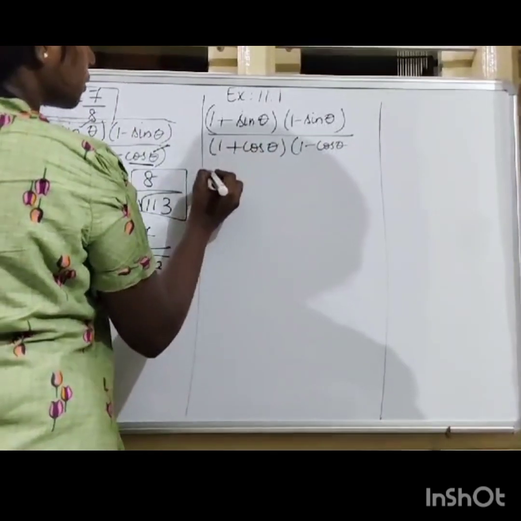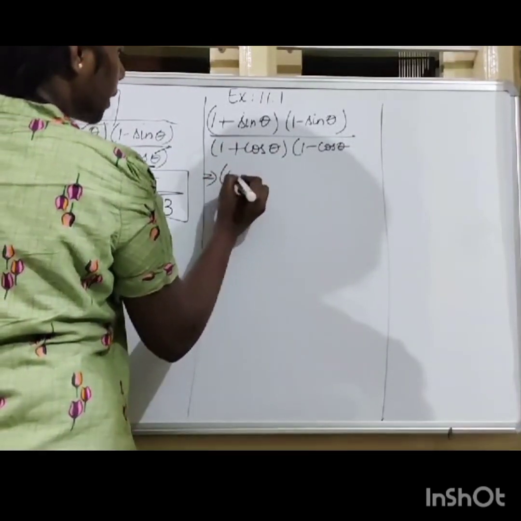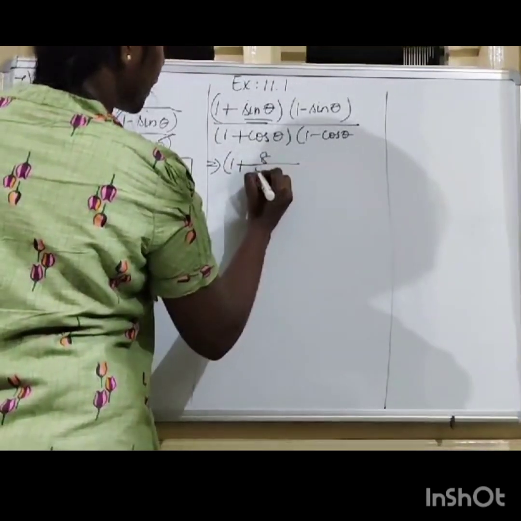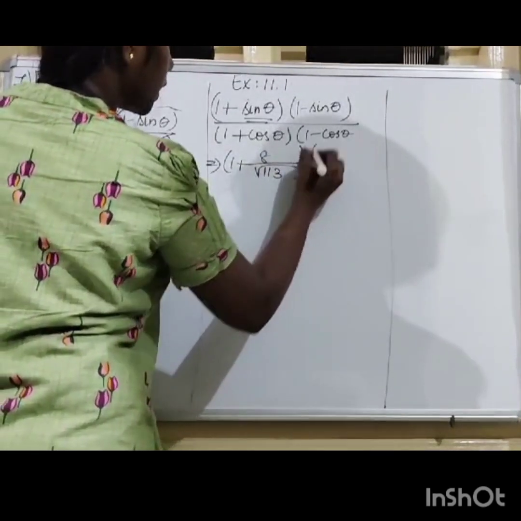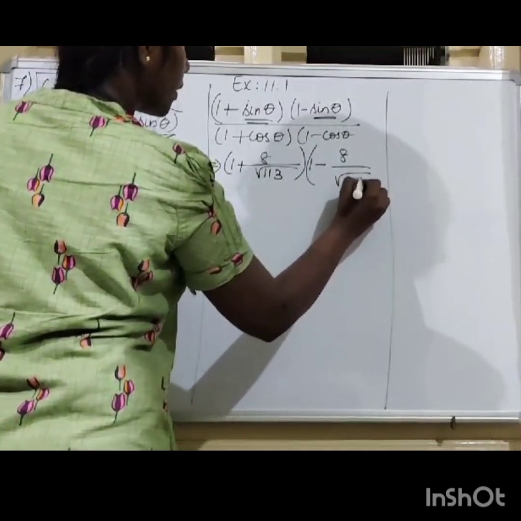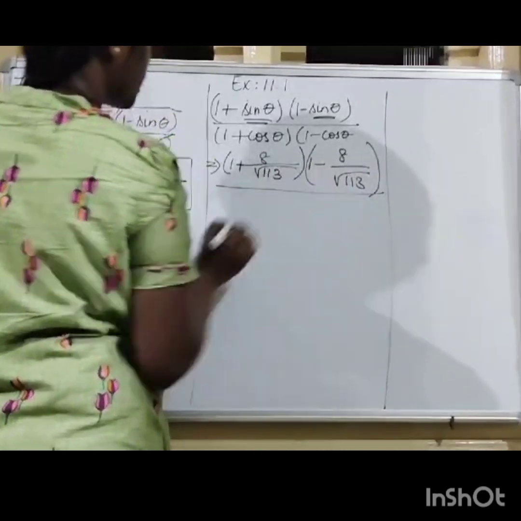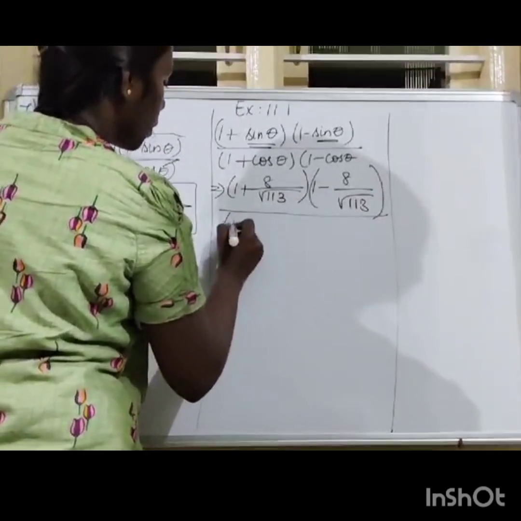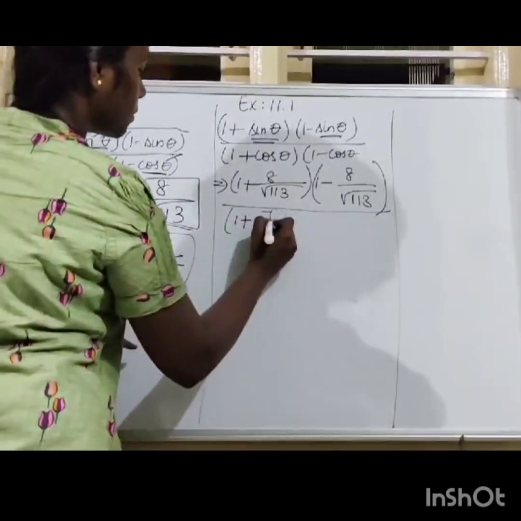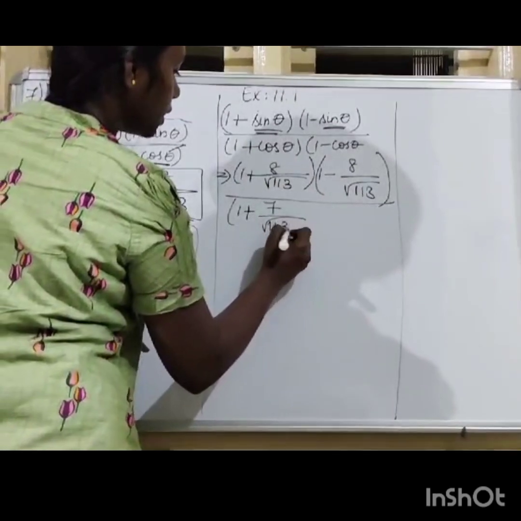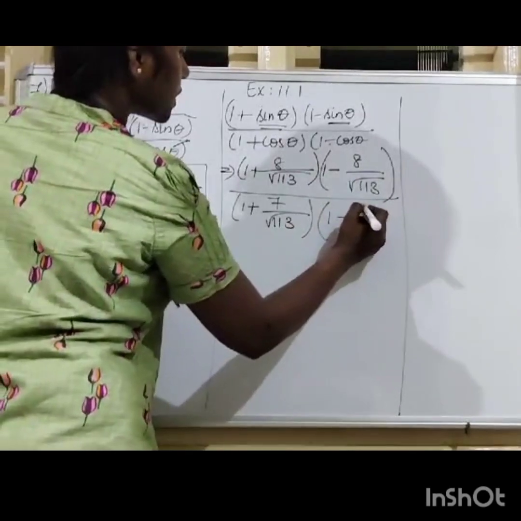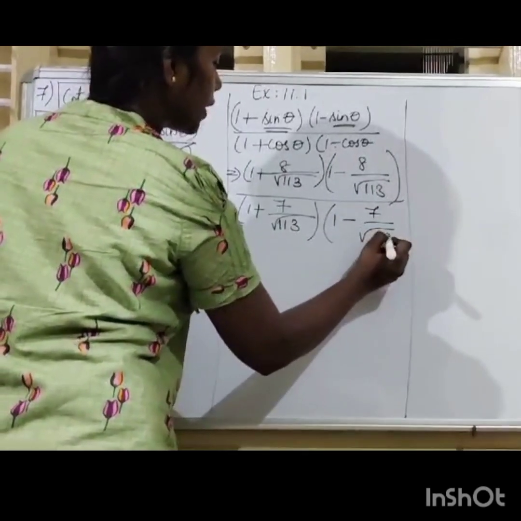Now our next step will be: 1 plus sin theta, whose value is 8 divided by square root of 113, into 1 minus sin theta, which is 8 divided by square root of 113, the whole divided by 1 plus cos theta, whose value is 7 by root of 113, into 1 minus cos theta, whose value is 7 by square root of 113.